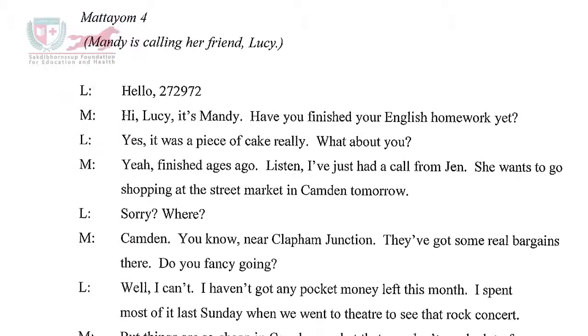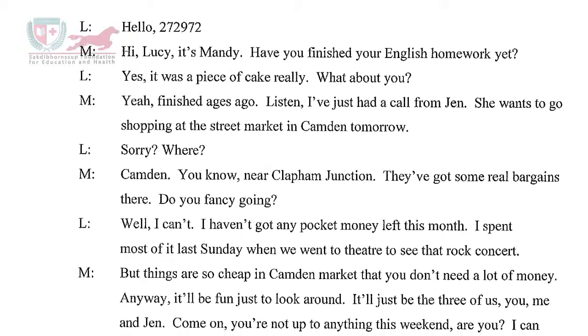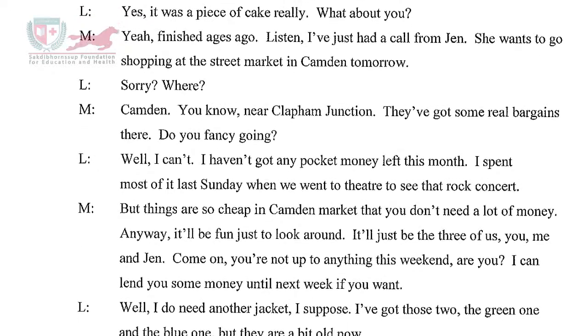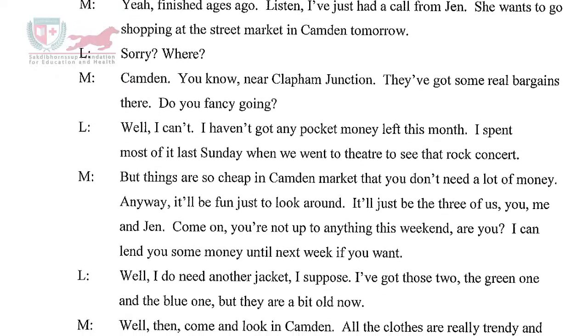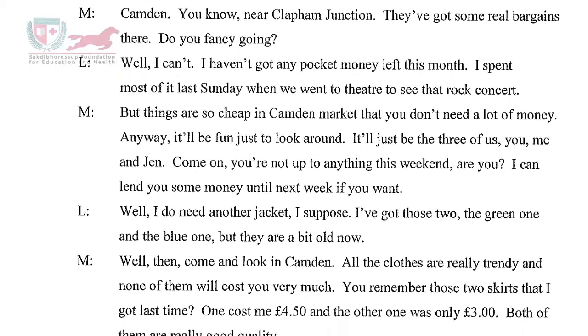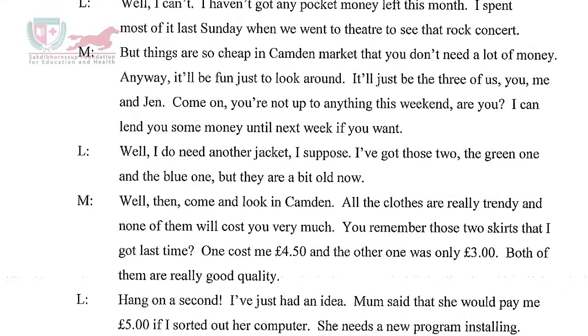Then the next one, 2 friends talking. Again, this one I wrote for a Matthayom 4 class. 2 friends talking about going shopping. I was teaching in a girls' school, so I generally chose shopping as the topic because they like shopping.